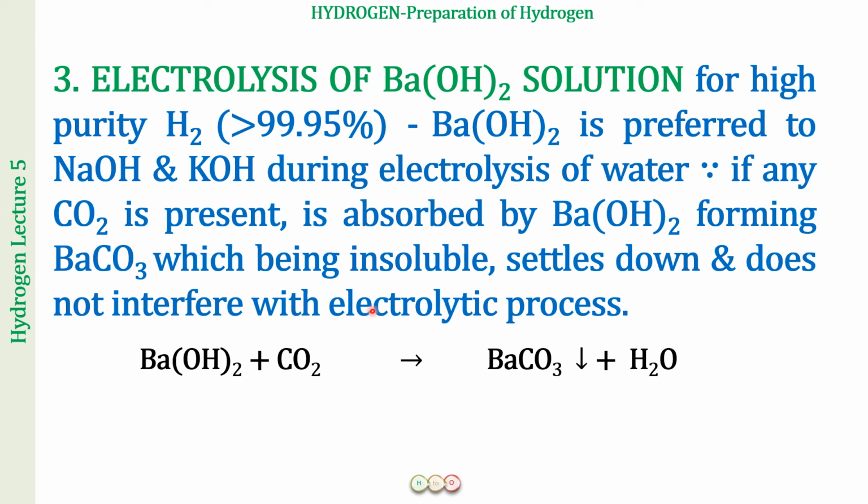So barium hydroxide on reaction with water and carbon dioxide forms barium carbonate, a white precipitate, and water is now safe and very pure to do the electrolysis and produce hydrogen. Okay, so for high purity hydrogen, we do an electrolysis of an aqueous solution of barium hydroxide. Please do remember this. This has once been asked in an IIT examination question.